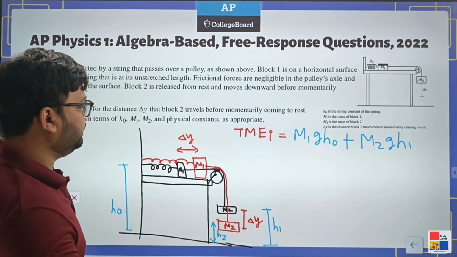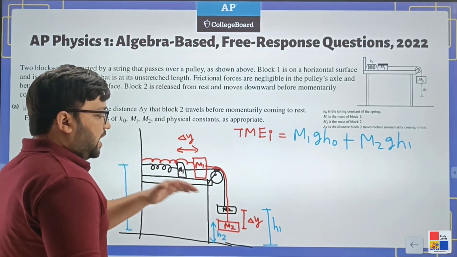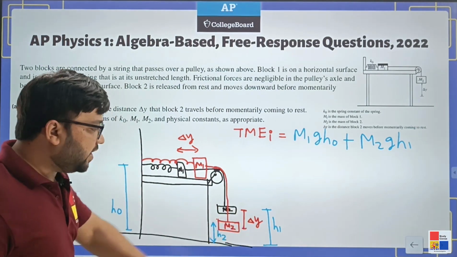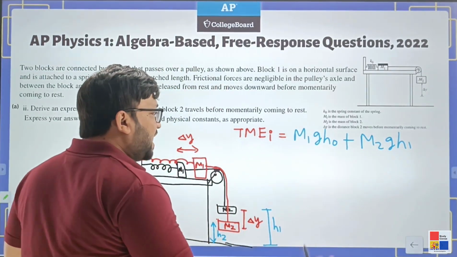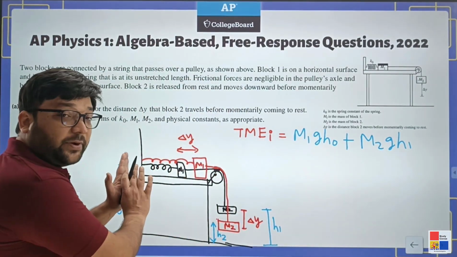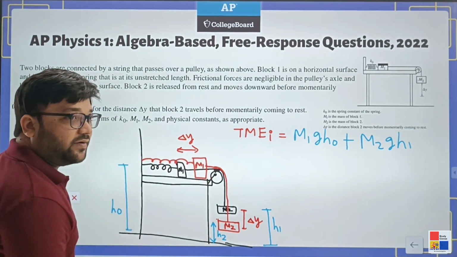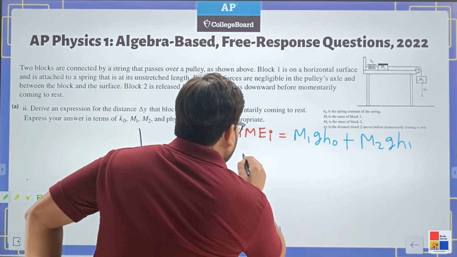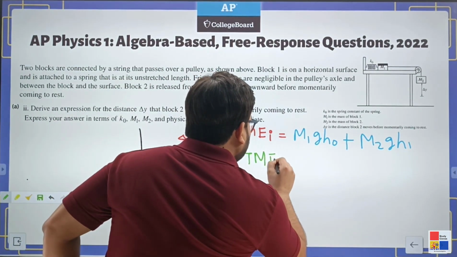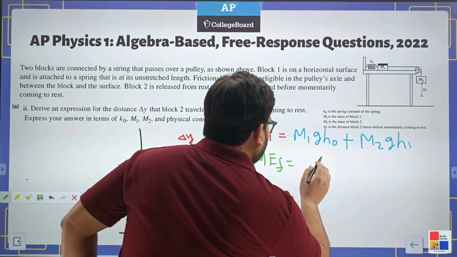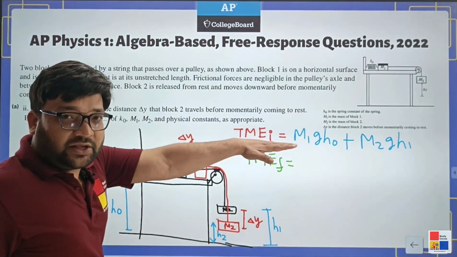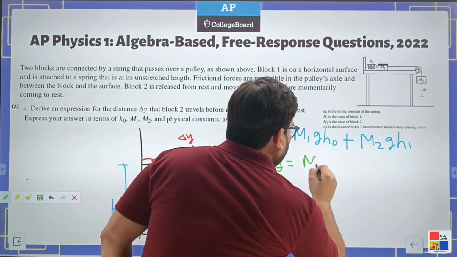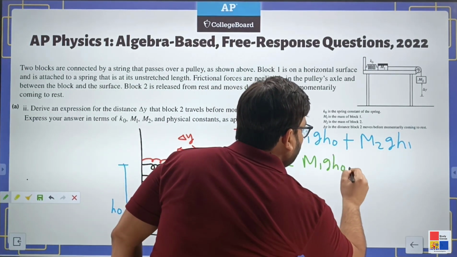And finally, after the release, m2 comes to a momentary stop after coming down a distance delta y. Still nothing is moving, so kinetic energy is still 0, but now the spring is elongated by this amount delta y. So there is some potential energy in the spring now, right? So the total mechanical energy finally is going to be, for mass m1, the potential energy is the same. The height for m1 is not changing, okay? So it is still m1 g h naught.